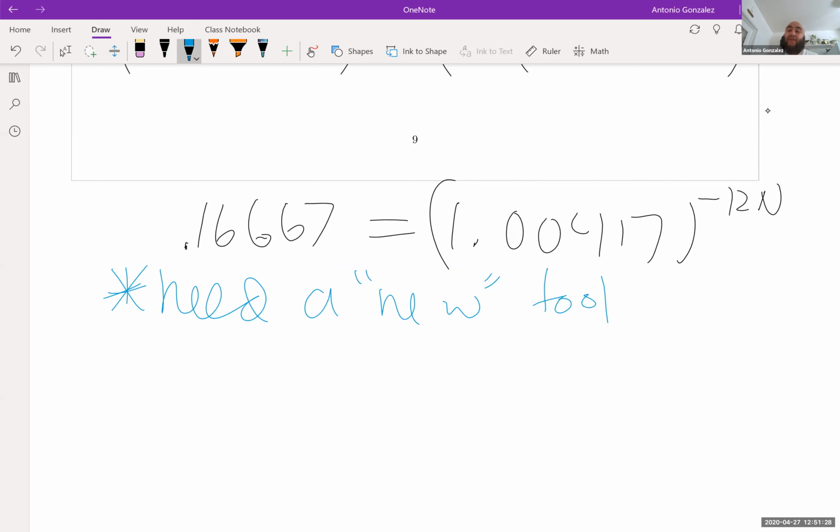That new tool that allows me to do that is what is called a logarithm, or sometimes referred to as a log. Now, let me bring up our calculator here.